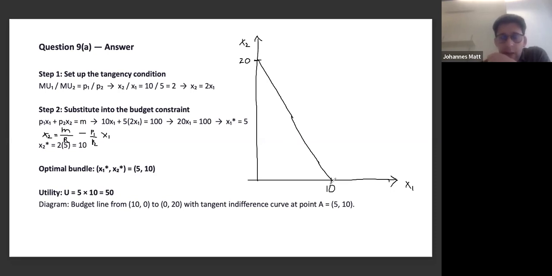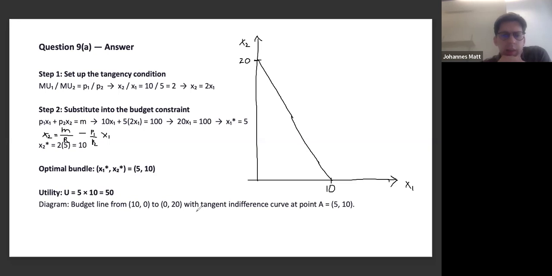And then similarly, I got the 10 exactly by the same logic, right? So if I set x2 equal to 0, I know that I can buy at most m over p1 units of steak. m is 100, p1 is 10, and so I get the 10.